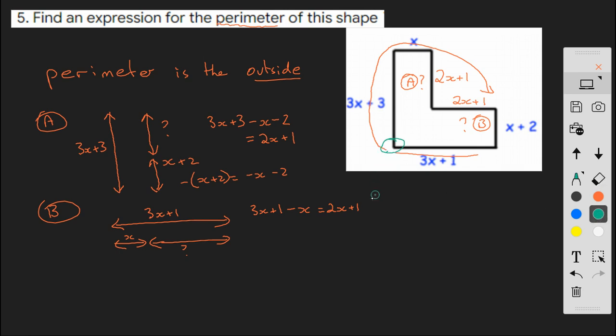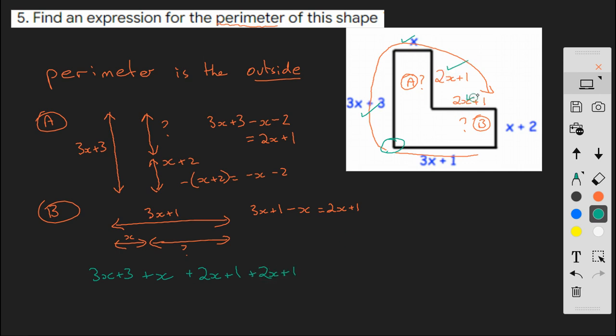So I'm going to start at this corner here and go round clockwise. So 3x plus 3. Okay, so I've included that side, plus x, done that one, plus 2x plus 1, plus 2x plus 1. Those are the ones I've just worked out.